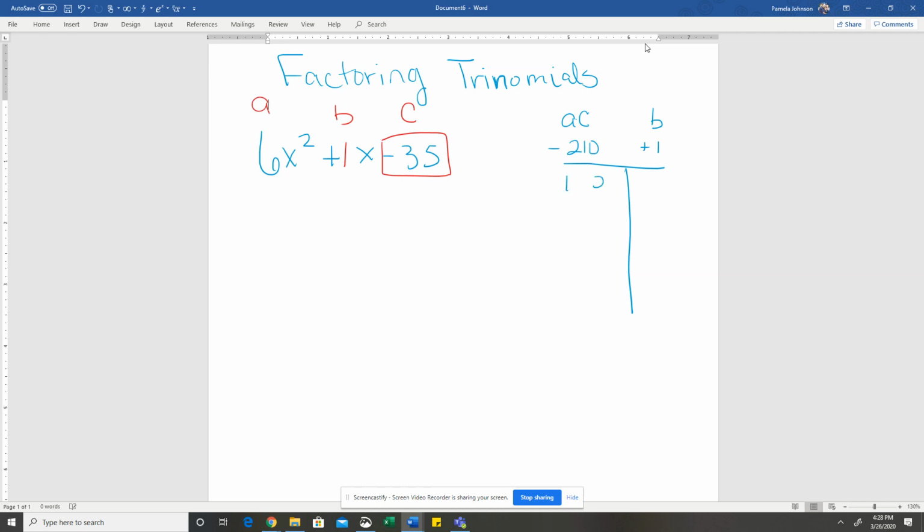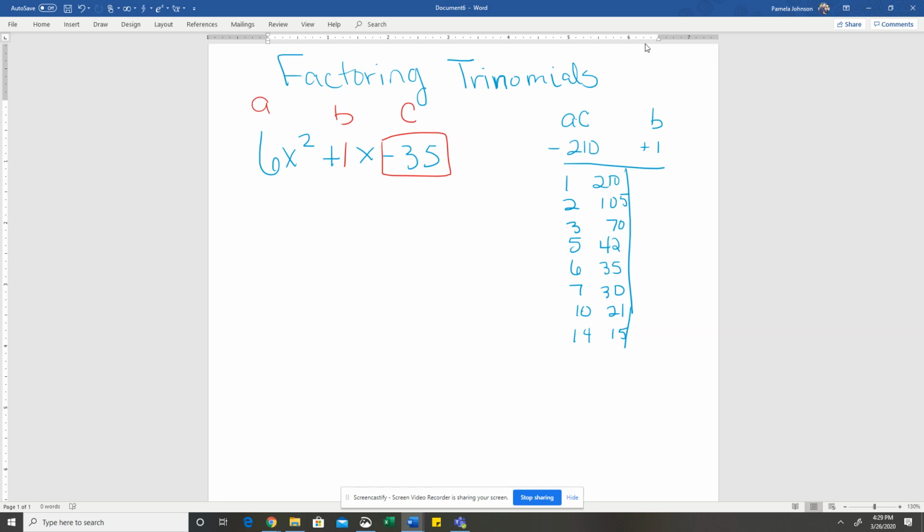So 1 and 210, 2 and 105, 3 and 70, 5 and 42, 6 and 35, 7 and 30, 10 and 21, and then 14 and 15.